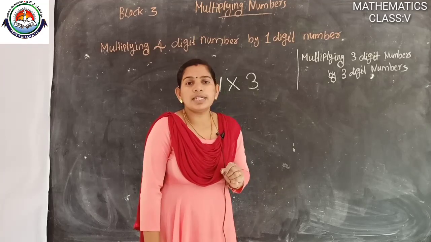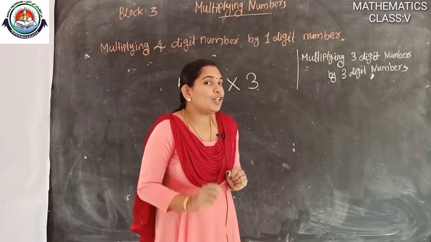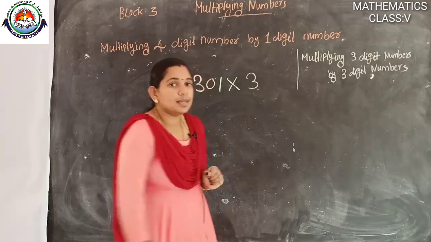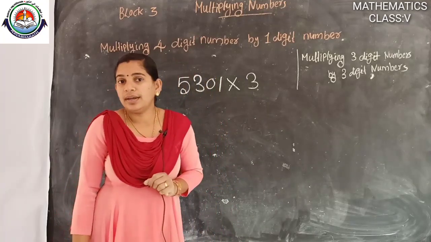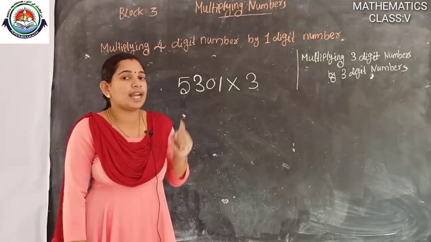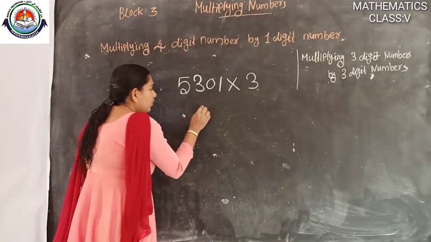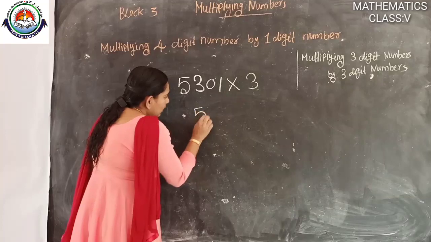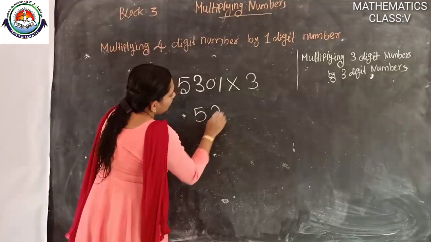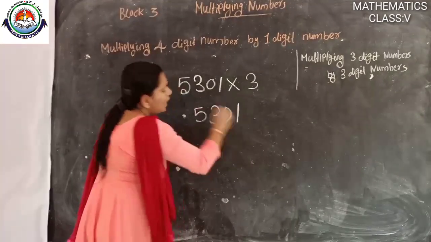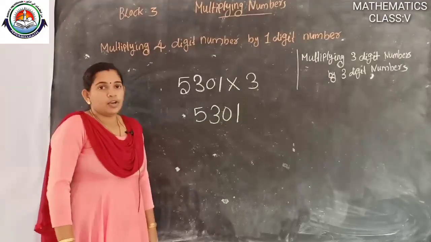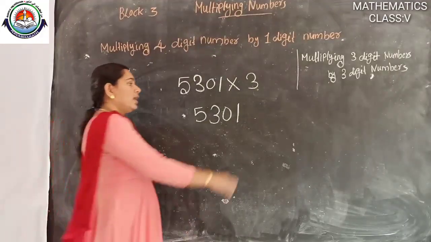Then what do we do first? We want to arrange the numbers. Which method? In column method. Are you ready to arrange? Okay, write down 5, 3, 0, 1.